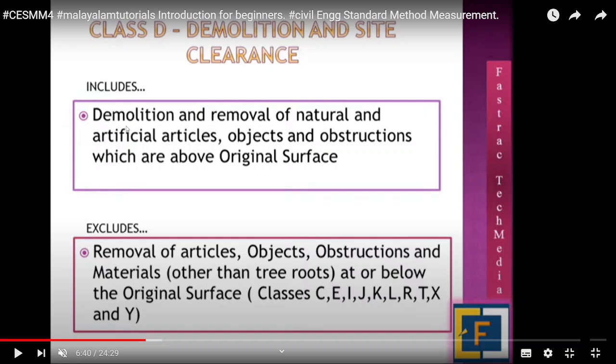So you have to understand whether I can use a crane to remove that. Then you can take the action. But suppose it is a root of a tree, that is not applicable. See the difference. Both can be removed by a crane, but crane is costly.